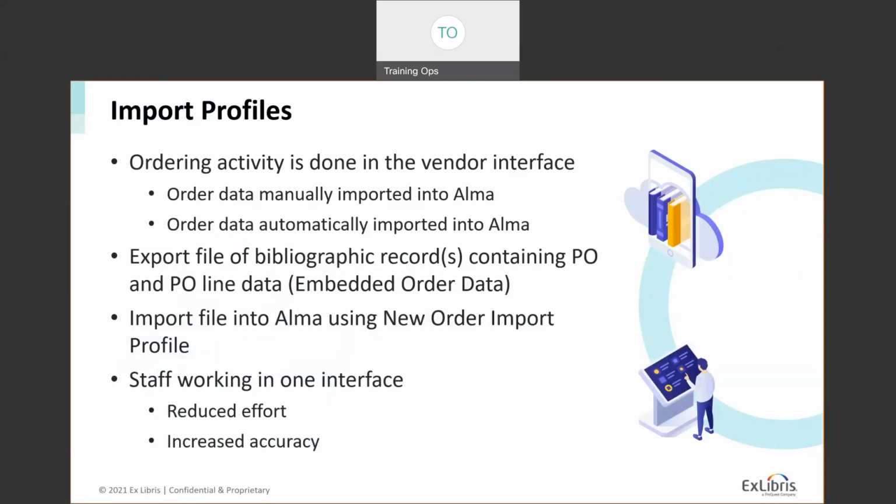You do the work in the vendor interface, and the file that is brought into Alma is a file of MARC records, but in those MARC records are typically 9XX fields that have data about the purchase order line and items. That data is embedded in the bibliographic record, and that's where embedded order data comes from.